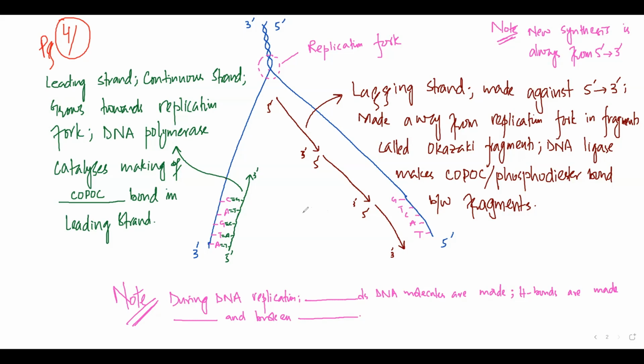You use these words, once and twice. Anyone? Made twice. They are made twice. And Zainab, you tell me, how many times broken? Once. Yes, because when DNA unwinds, hydrogen bonds break.